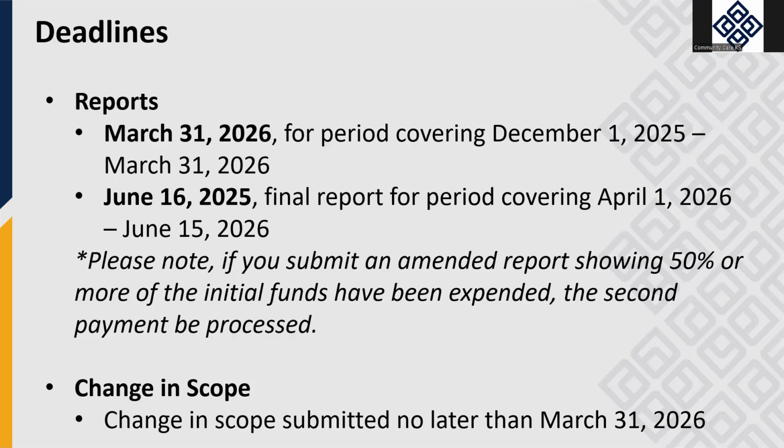The second grant payment is equal to 25% of your total grant award. If less than 50% of the first payment has been expended, your second payment will be delayed until you have either submitted an amended report showing that 50% or more of the initial funds have been expended, or you submit your final report showing that both SIG and matching funds have been expended.